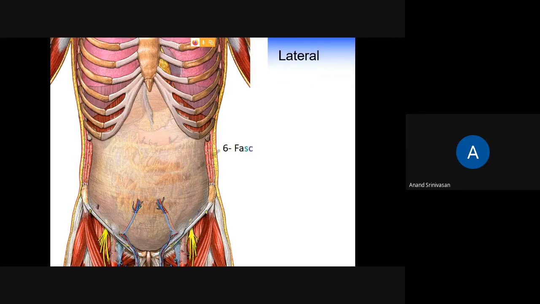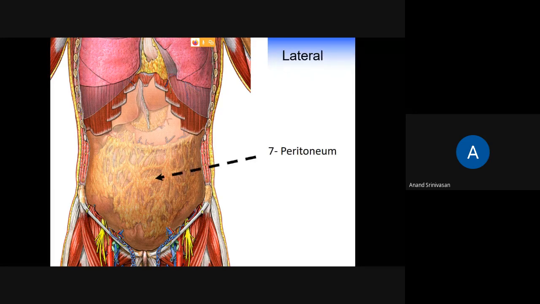The next layer is not a muscle, it's actually a fascia, the fascia transversalis. Once you cut through all these muscles, you can see a fascia called the fascia transversalis, also called the transverse fascia. And next to that will be the peritoneum.